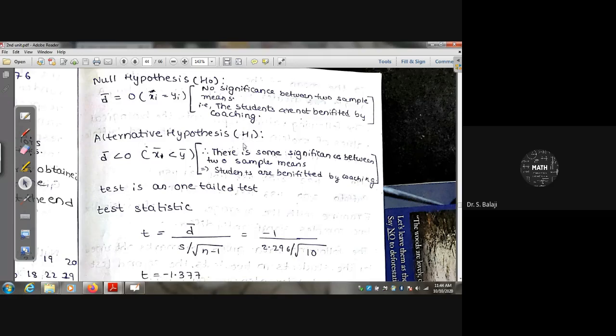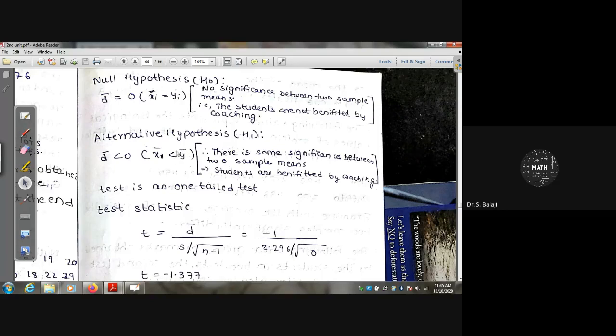Alternative hypothesis H1 is what you have to put here. They are asking whether students benefited by coaching or not. If they benefited by coaching, the mean value must have improved after the intensive coaching.